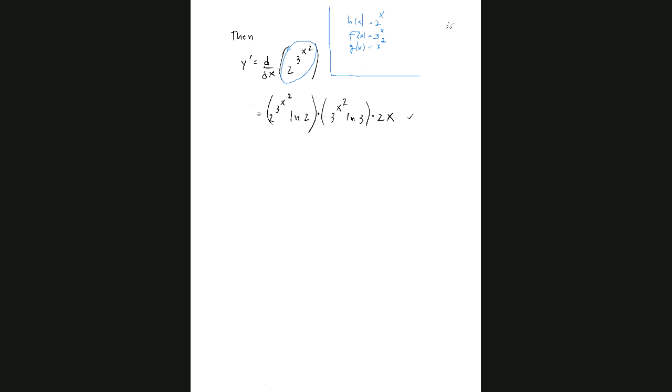The first link in your chain for the derivative is going to be 2 to the power 3 to the x squared times log of 2. And then the next link is going to be the derivative of 3 to the x squared power. Finally, the derivative of the x squared, which is 2x.